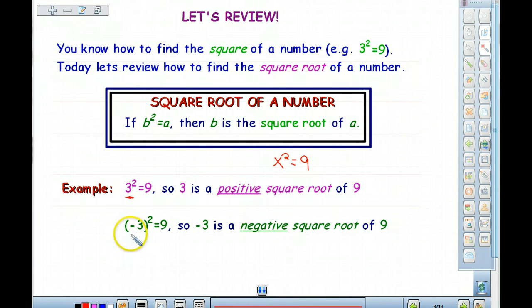But I can also take negative 3 and square it, negative 3 times negative 3, which also gives us a positive 9. So that's the negative square root of 9. Both 3 and negative 3 worked for this, so in a lot of what we do today, you have to remember that you can get a positive answer and a negative answer.